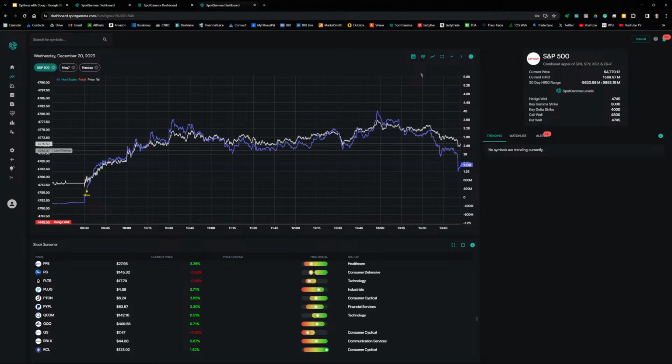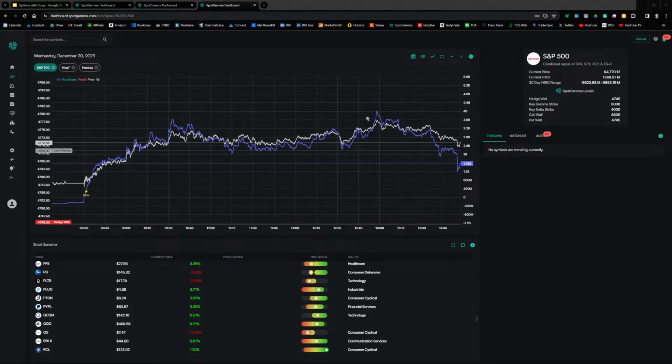So I want to start again by looking at what options traders have been doing today. This is the hero signal, hedging impact real-time options. What this chart is showing is price for SPX, that's the white line, and the purple line is the hero signal. Again, that's hedging impact real-time options.